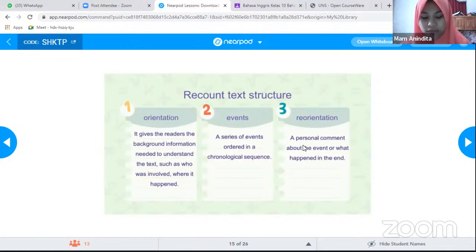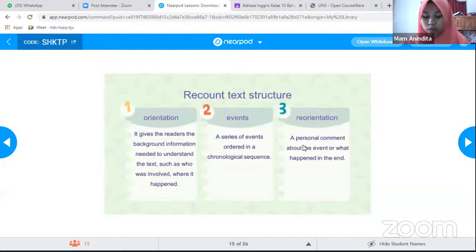The second is event. Event is a series of events ordered in a chronological sequence. And the last one is reorientation. Reorientation is a personal comment about the event or what happened in the end.